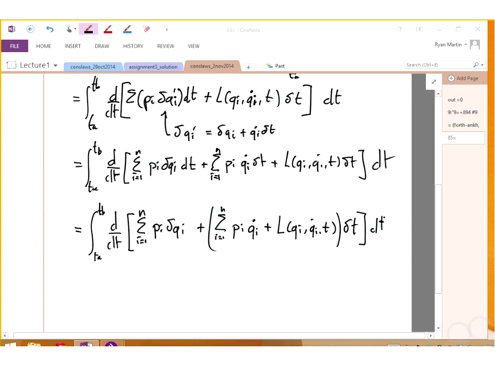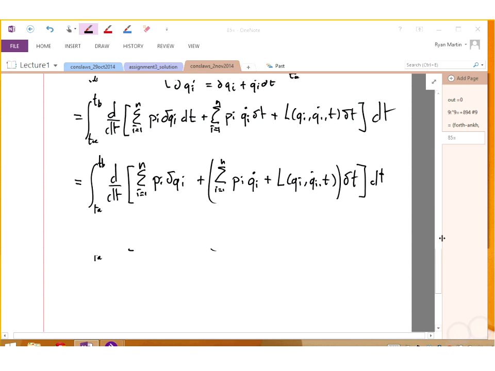So now Noether's theorem tells us that if this thing equals 0, there's a conserved quantity. Right? This is the variation, the change in the action from the continuous transformation.